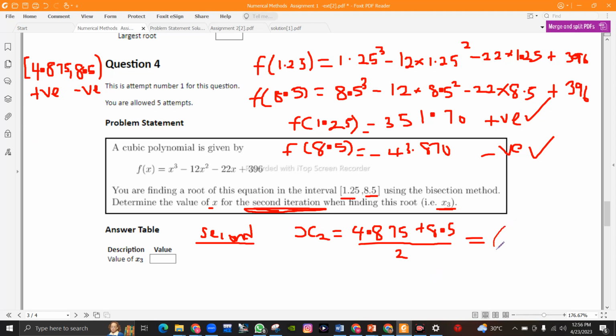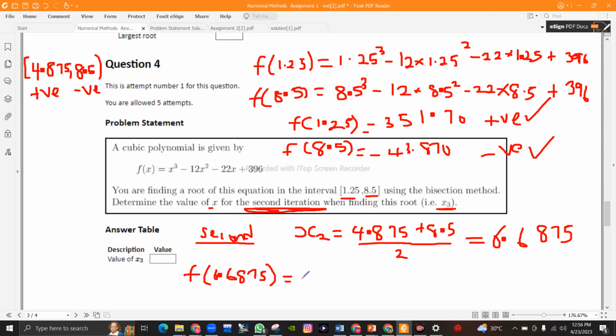We have 6.6875. So now we need to know where this falls. The function of this new root, 6.6875. Let's put it here.